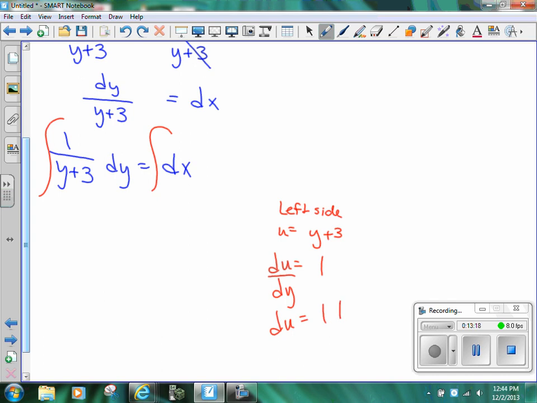That means du is 1 dy. Does it all work out for me nicely? When I integrate 1 over y plus 3, folks, what do I get? Are you down with that? Does that look familiar to you, yes or no? Yeah, would you be able to do that on your own? You better.